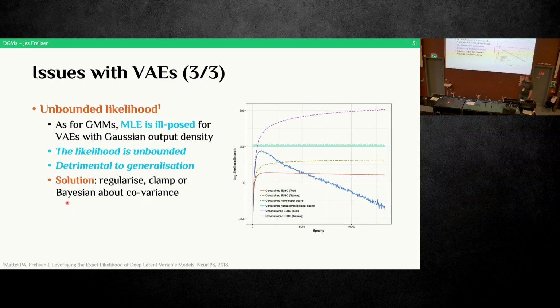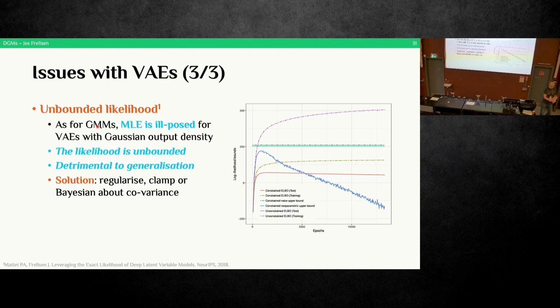And the last issue that I want to highlight is that if you have a continuous deep latent variable model, a VAE, for instance with a Gaussian output, then just like for a Gaussian mixture model, which hopefully some of you have heard of before, it's actually ill-posed to do maximum likelihood. There doesn't exist a maximum likelihood estimate for a Gaussian mixture model because the likelihood is unbounded.